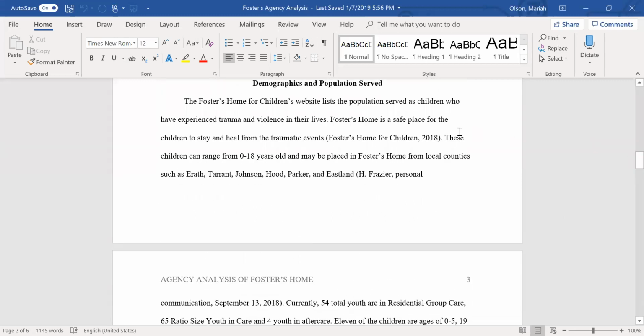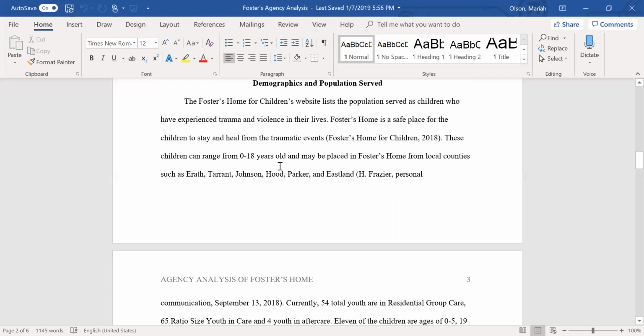Now moving on to population served. Our group did this together, but make sure that you split this because we got docked points for that. With the population served, just make sure you say who is being served by this agency. Ours is Foster's Home for Children, and it says that the population served is children who have experienced trauma and violence in their lives. That is a safe place for children to stay and heal from the traumatic events.